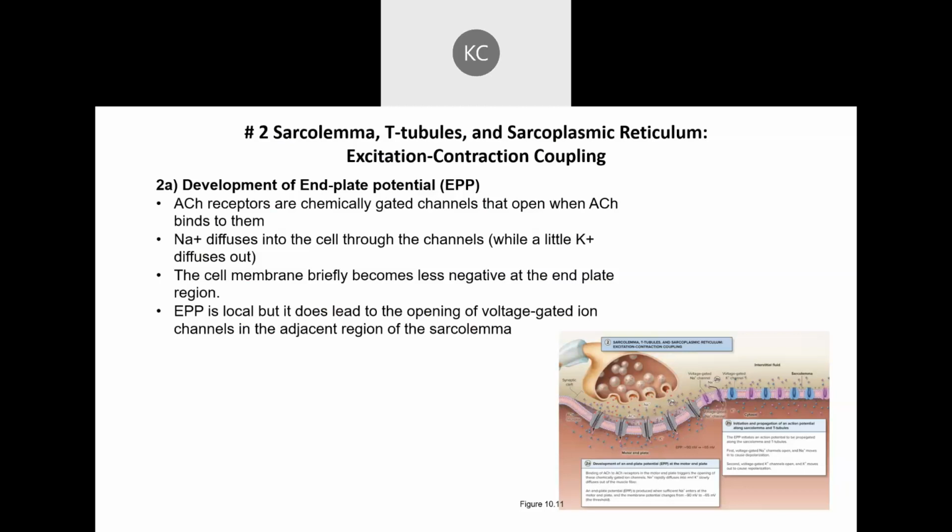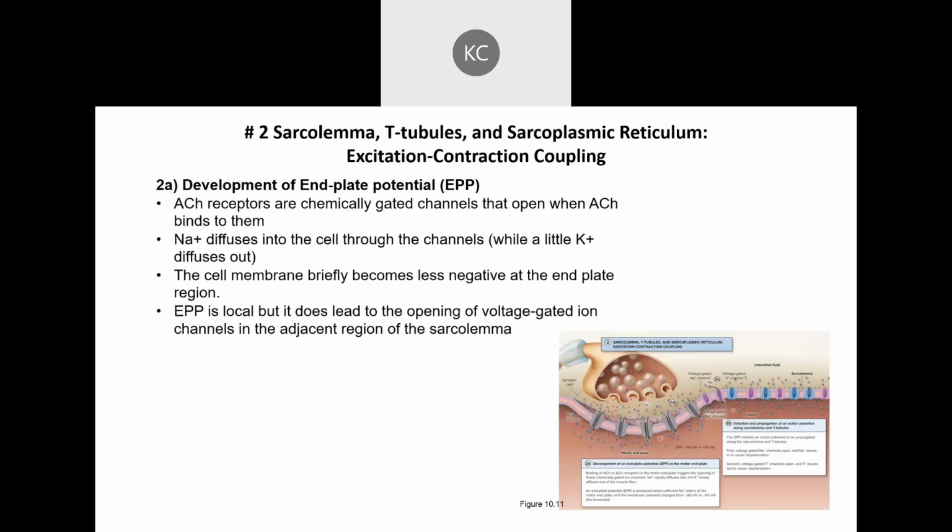So we're essentially getting it up to threshold, if you will. The resting membrane potential of the muscle fiber is not exactly the same as that of the neuron. It's a little more negative, around -90, whereas the neuron was about -70 or so. The specifics are not overly important, but we're doing the same thing essentially.